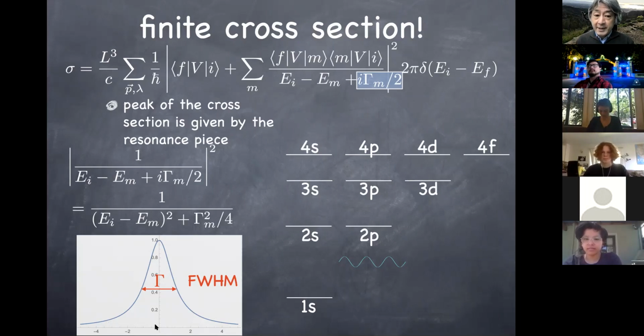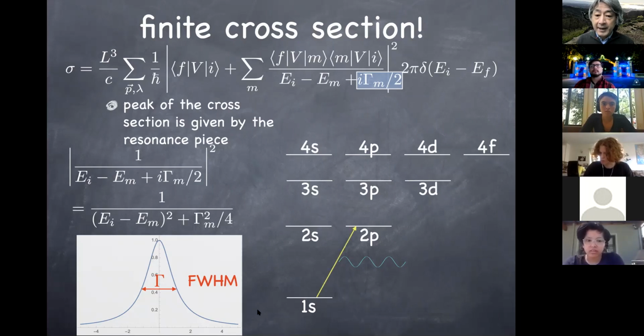But when you go to processes in nuclear physics or particle physics, you sometimes see the lifetime of the states to be very short, and hence the inverse lifetime, namely this gamma, to be fairly large. Then you can observe this Lorentzian curve of this width, the full width at half maximum of the cross section as a function of energy.